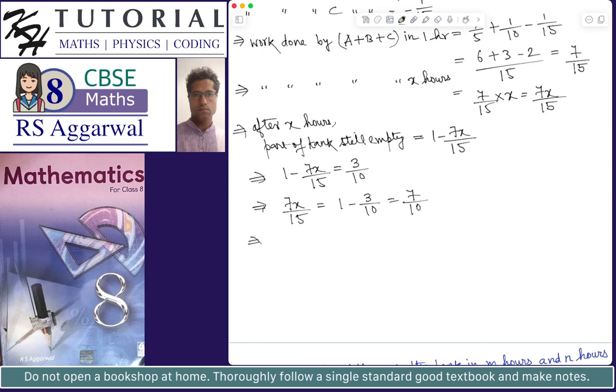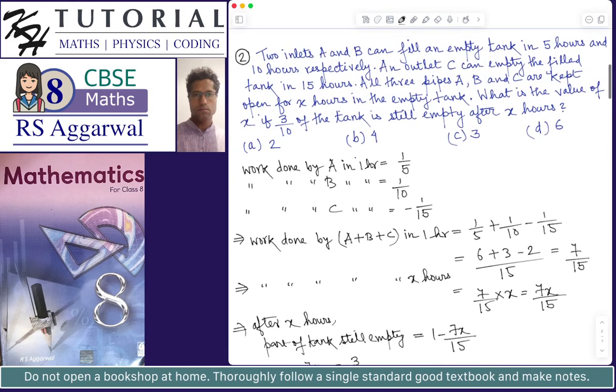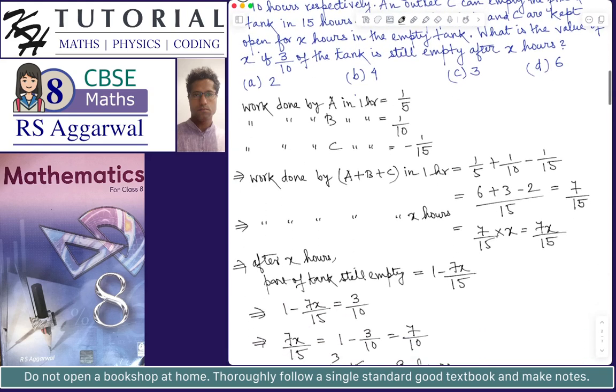This implies x will be equal to 15 by 7 multiplied by 7 by 10. Cancelling out, this is 3 by 2 hours, but it is not there in the choices.